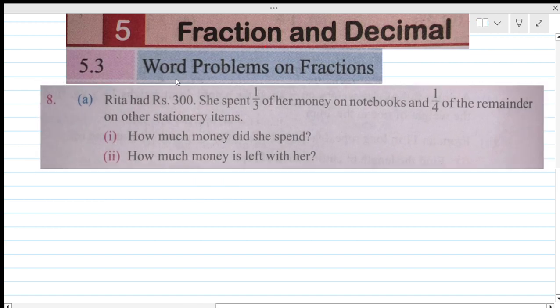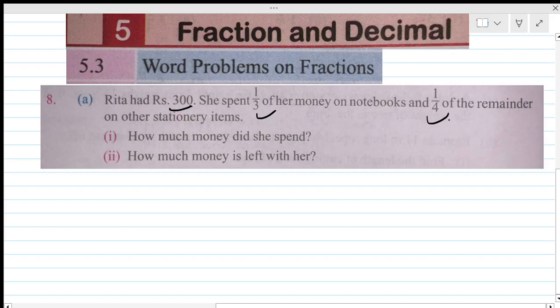Rita has 300 rupees, and out of that money she has spent 1/3 of her money on purchasing notebooks, and 1/4 of the remainder on other stationery items.